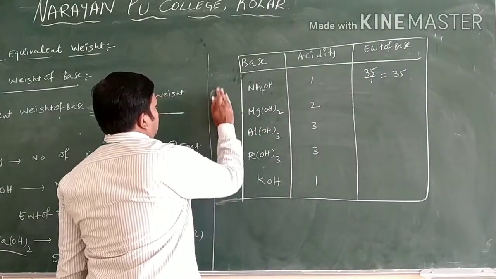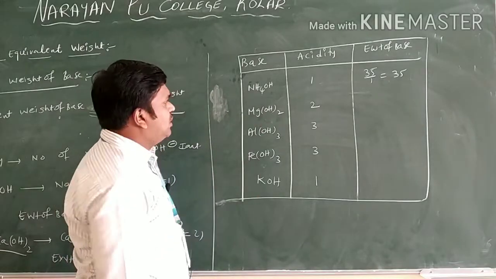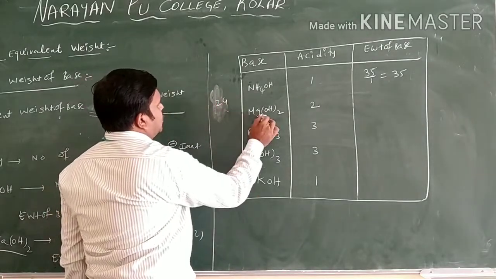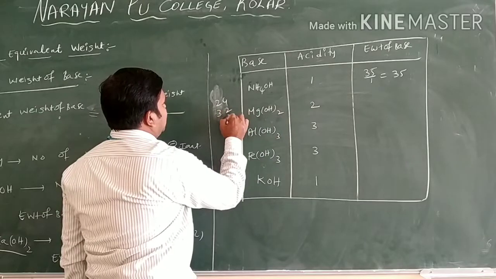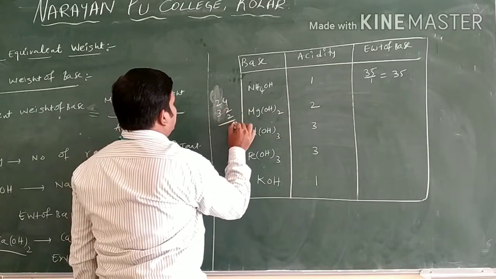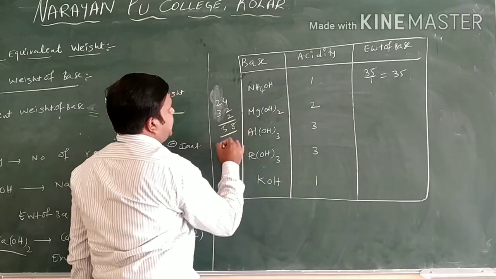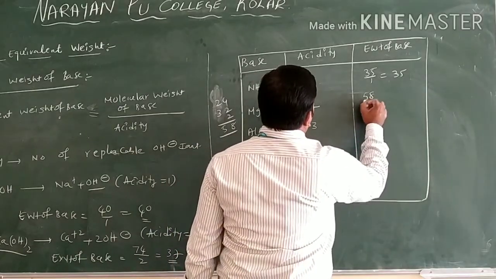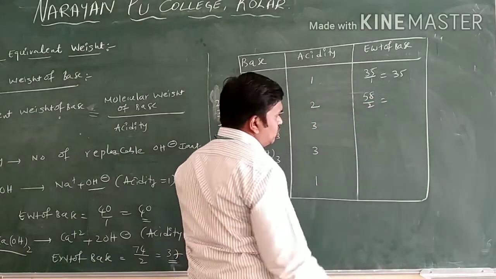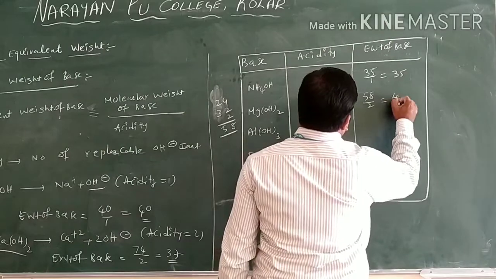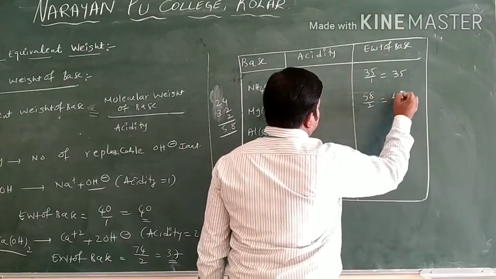Now come to magnesium hydroxide, we have magnesium 24, 2 oxygens means 32, and 2 hydrogens, 2, that is 58 only. So this is 58 by 2, that is 29 only.